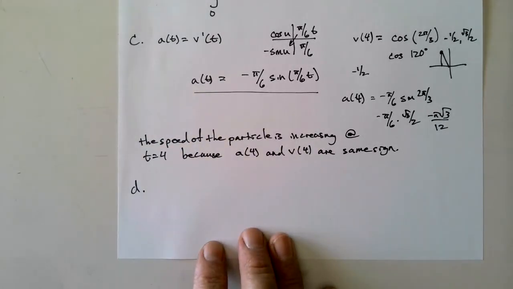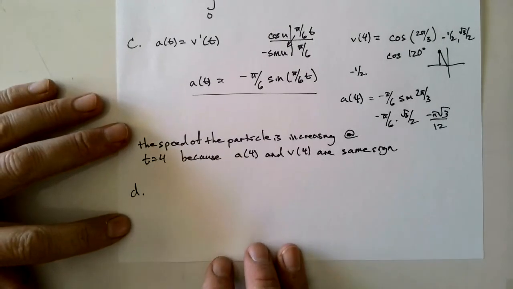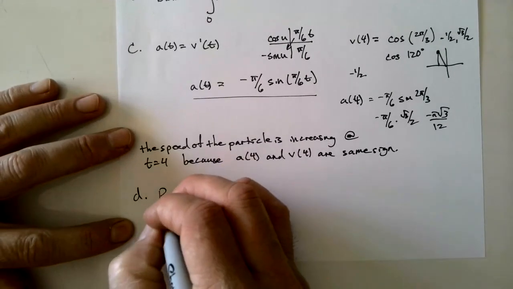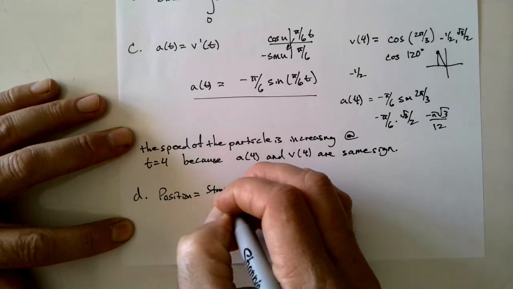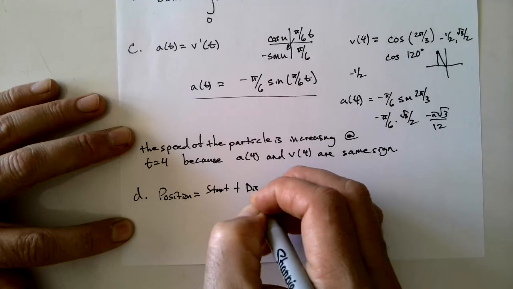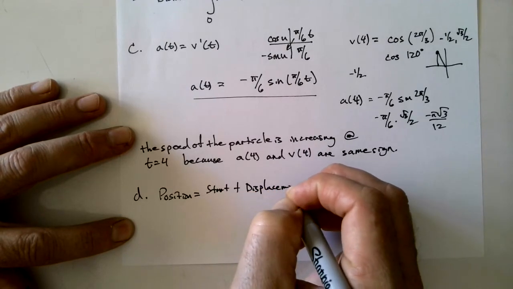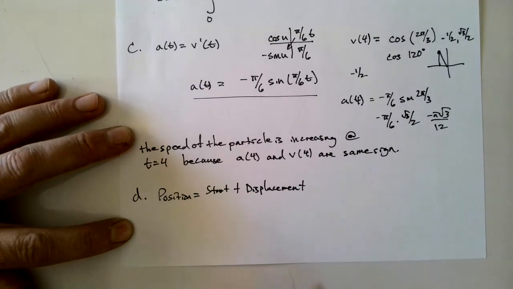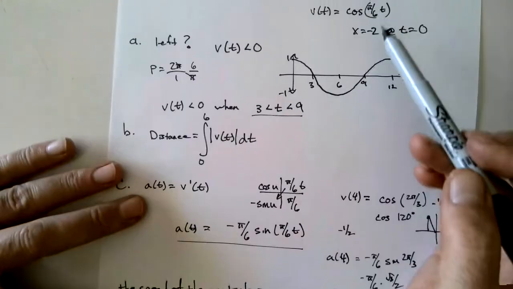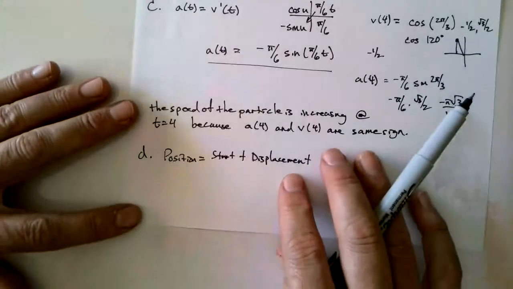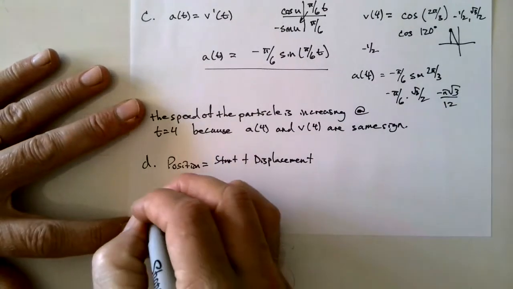And then part D, find the position of the particle at time 4. This is a little bit more involved here. Time equals 4, we want to find position. Position is equal to start plus displacement. Our start, if we look back here, is at negative 2.